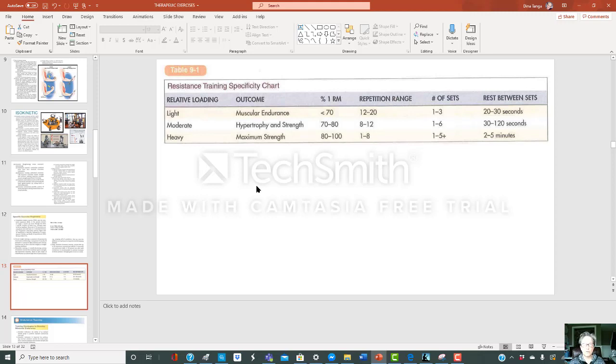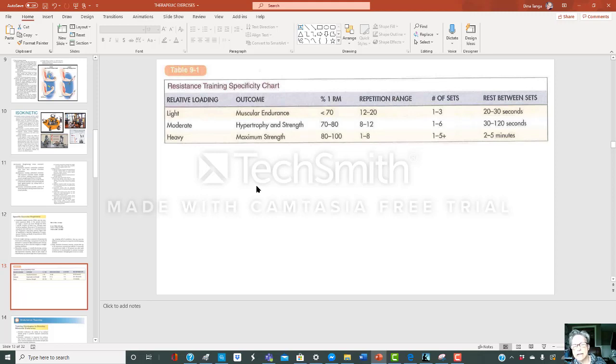Okay, if you're going for hypertrophy and strength, which is moderate loading, you would want 70 to 80% of your 1 rep max. You would do 8 to 12 repetitions, 1 to 6 sets, 30 to 120-second rest in between.